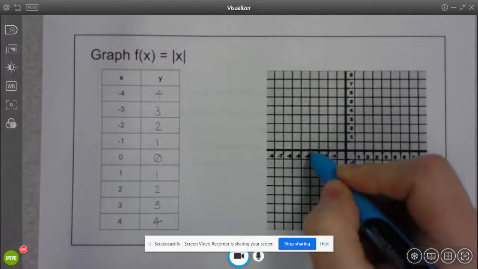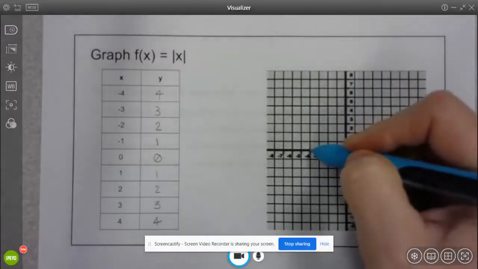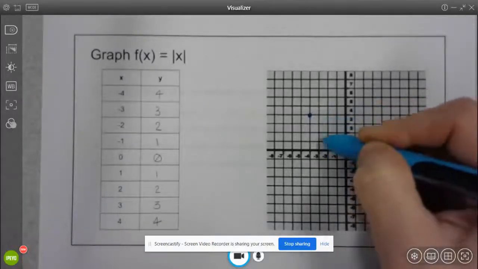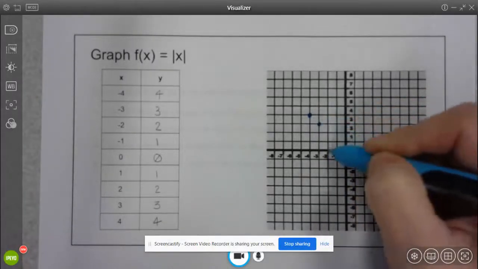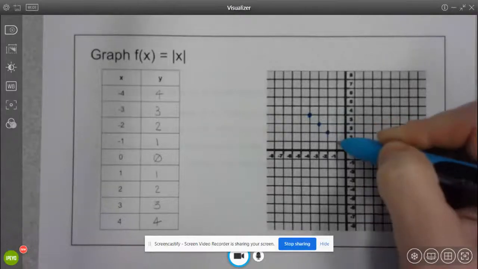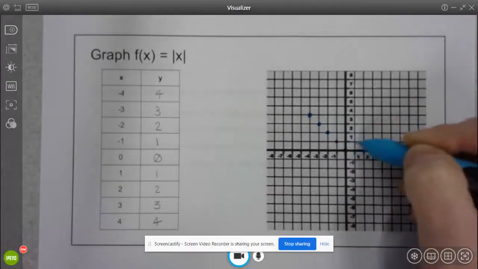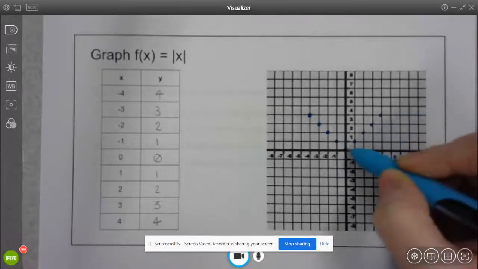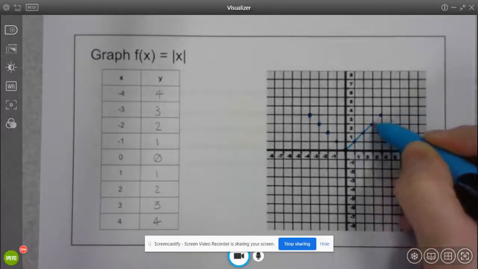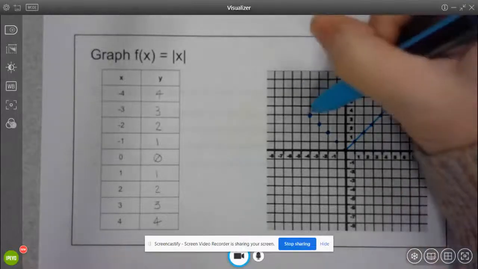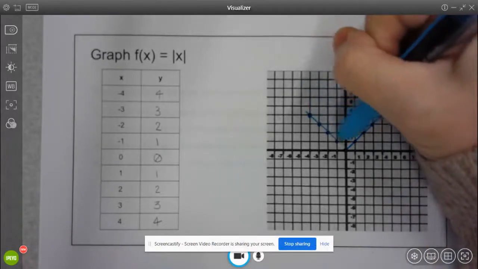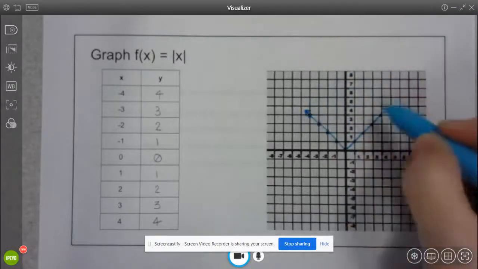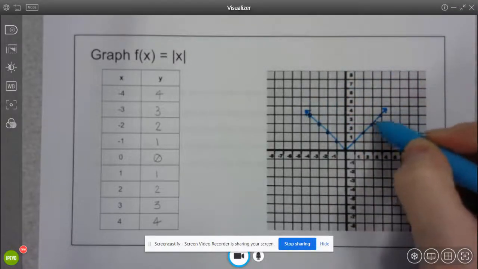So -4, +4, -3, +3, and so on. So if you notice, as we connect these, this is a new graph that up to this point in our math career we haven't seen yet.